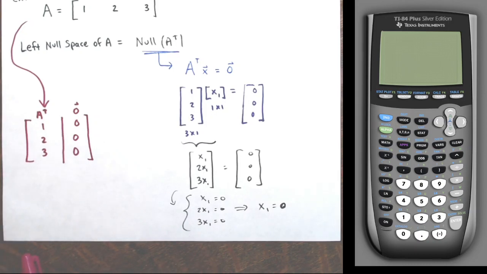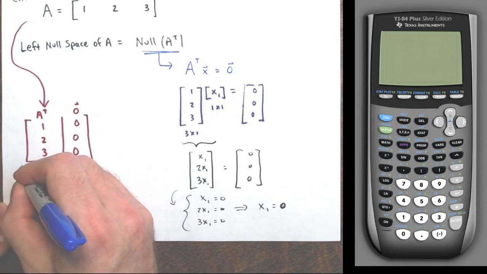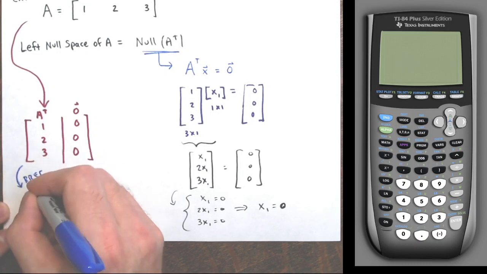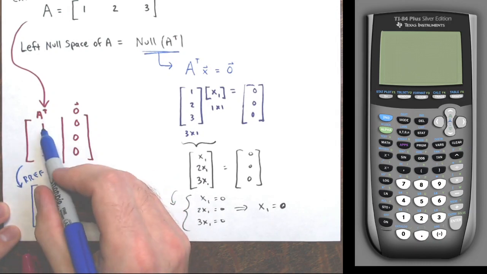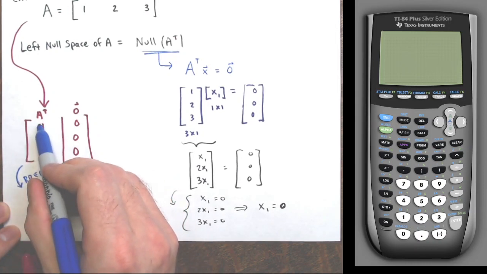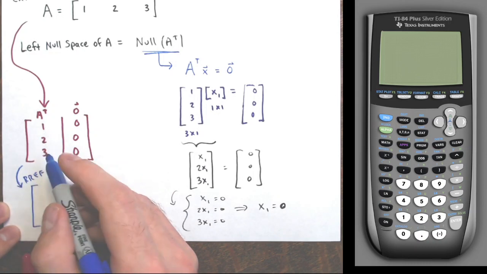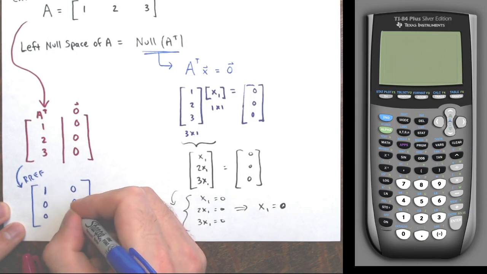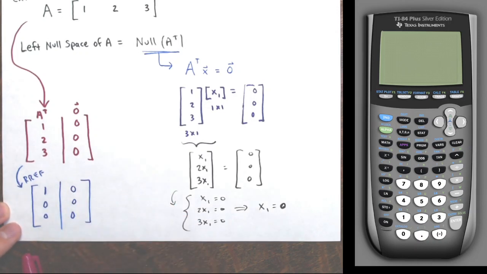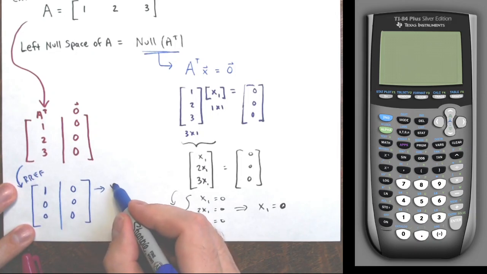Then I put this into reduced row echelon form, which would be very simple here, right? The first row has this leading 1. I multiply it by -2, add it to the second row, multiply it by -3, add it to the third row, and I get all these zeros below it. And again, this column of zeros over here is all the same. And then if you look at this, only the first row tells me that x1 has to be 0.